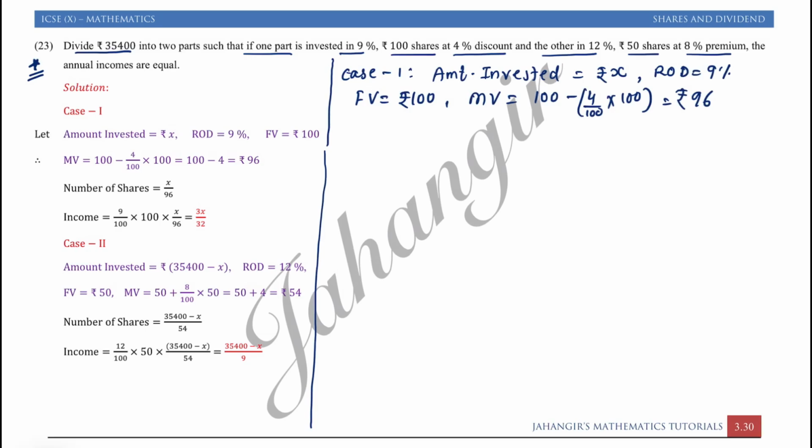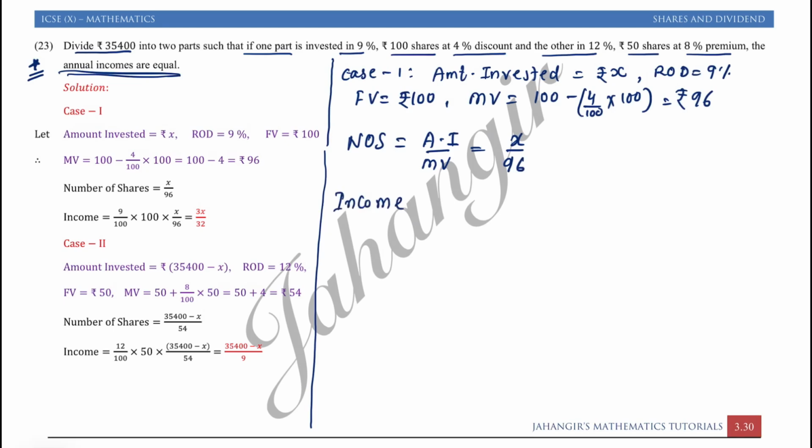So lastly the condition is that incomes are equal. So to find income we need the number of shares. How many shares had been bought? So number of shares in the first case is amount invested upon market value. The amount invested is X upon market value is 96. So now income.